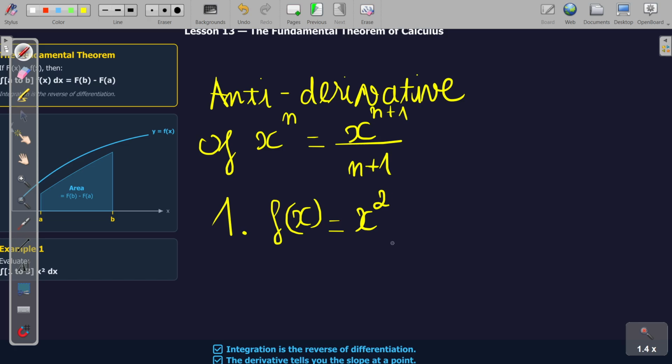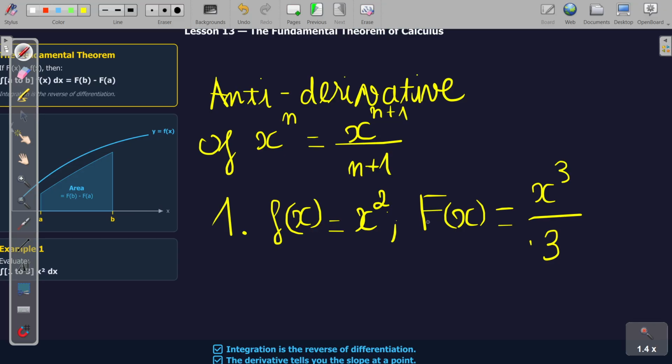We need to change this into big F, which requires us to make it an antiderivative. Here n is 2, so if n is 2, then n plus 1 gives x to the power of 3, and n plus 1, 2 plus 1, is 3.